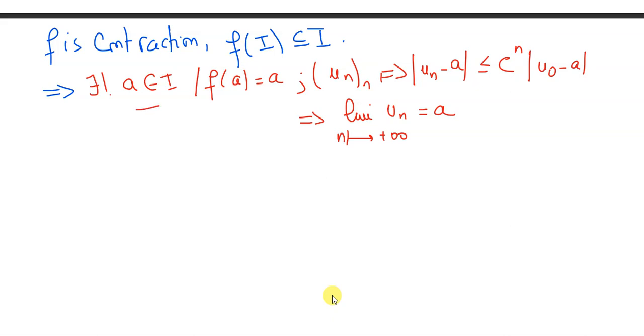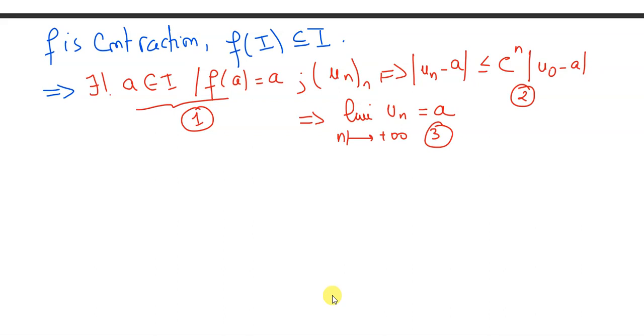So 3 points that we need to prove: this point, this point, and this point. These 3 points are the result of a contraction plus an interval that is mapped to itself.